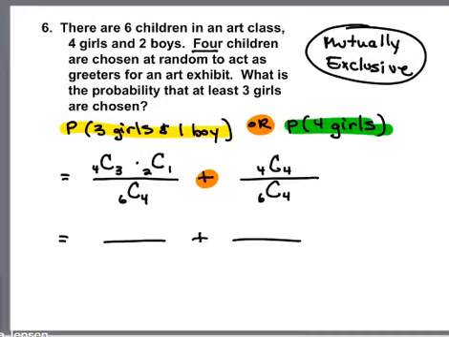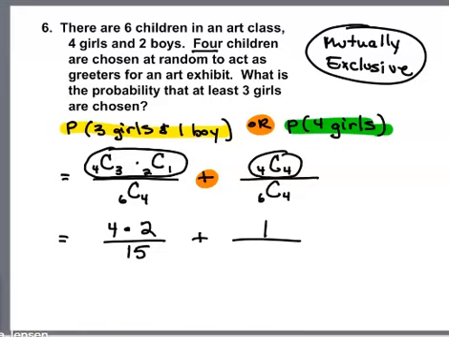So if we calculate this here, 4C3 is going to be 4. 2C1 is going to be 2. And 6C4 is 15. This is 1.